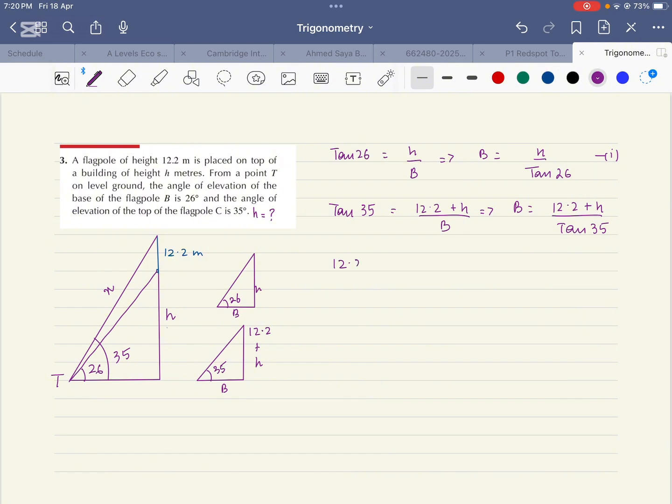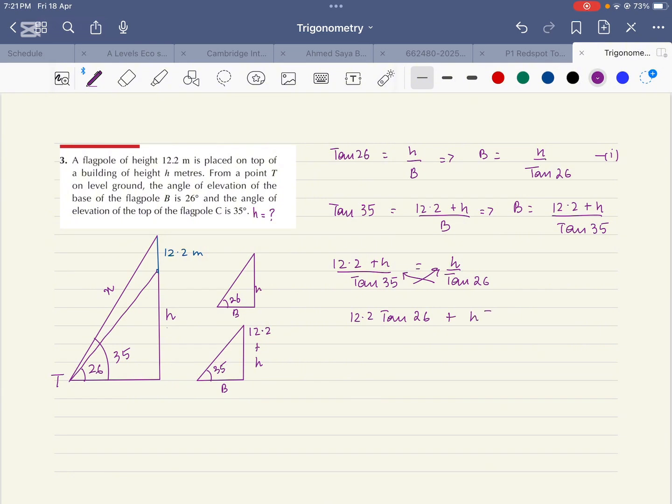This becomes 12.2 plus h upon tan 35 is equal to h upon tan 26. I cross multiply, and it becomes 12.2 tan 26 plus h tan 26 is equal to h tan 35. This is how you will type it in the calculator, writing 12.2 before tan 26.